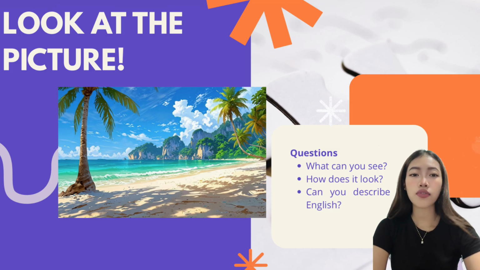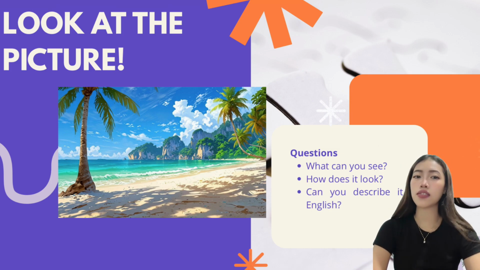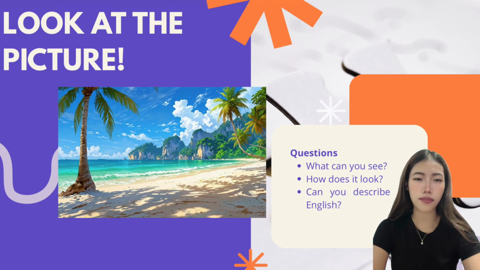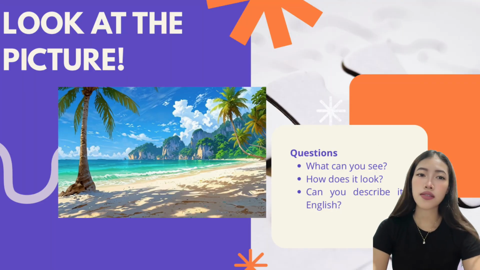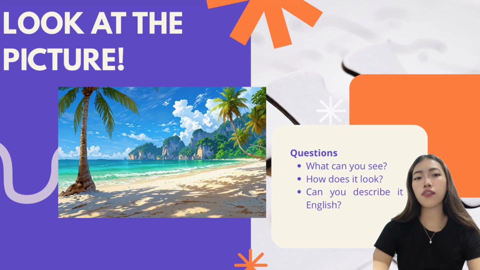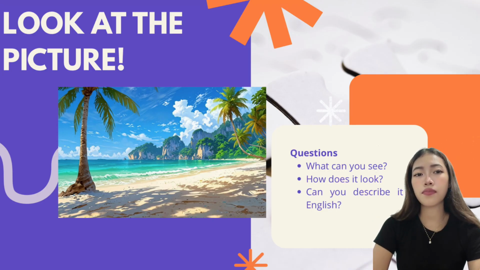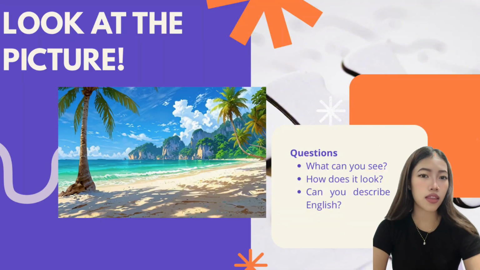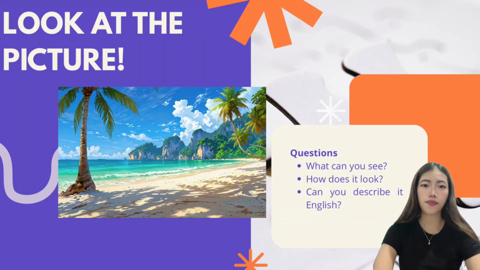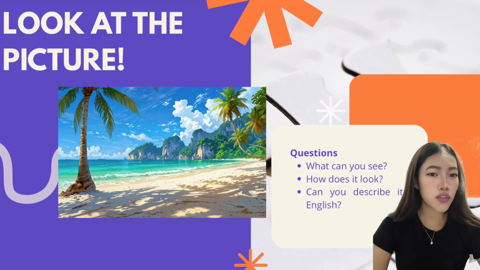Those are actually examples of describing something. When we describe a person, a place, an animal, or even an object, we're giving information so other people can imagine it without seeing it directly. And that's the main purpose of today's lesson.